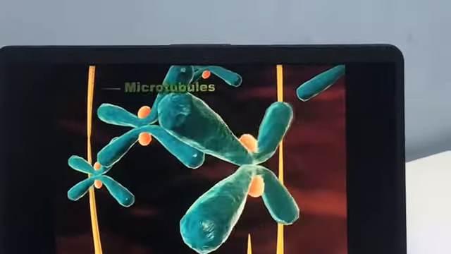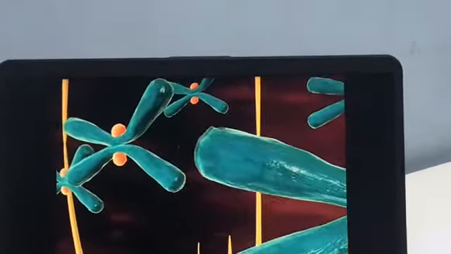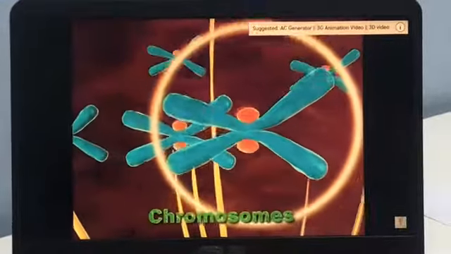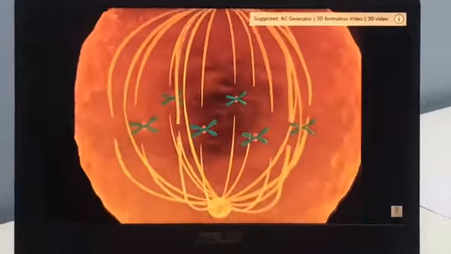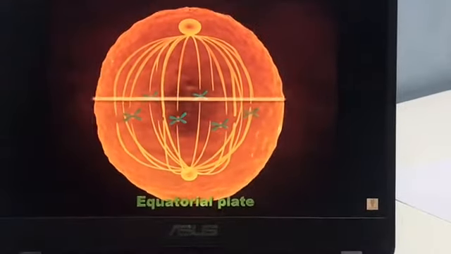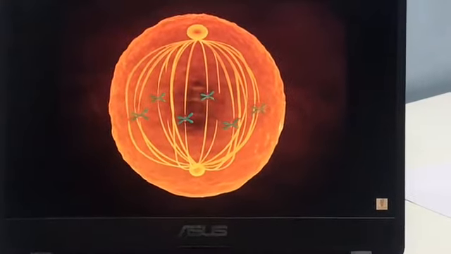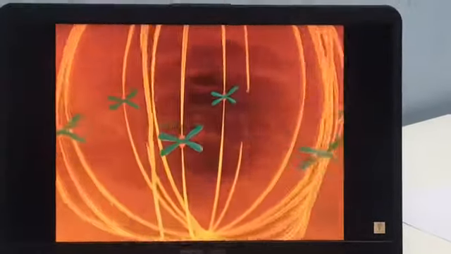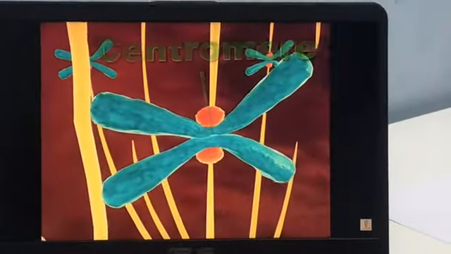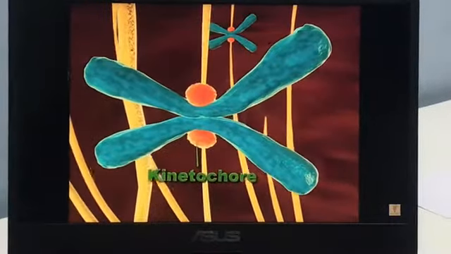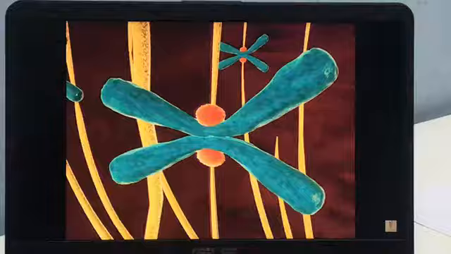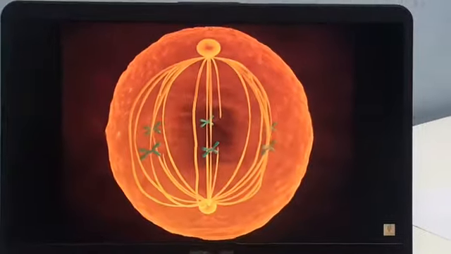During metaphase, microtubules of the spindle interact with chromosomes. This causes the chromosomes to move and align along the middle of the cell or the equatorial plate. The sister chromatids are held at the centromere, confirming the presence of protein structures called kinetochores at the surface. The kinetochore holds the chromosomes and attaches them to the spindle.